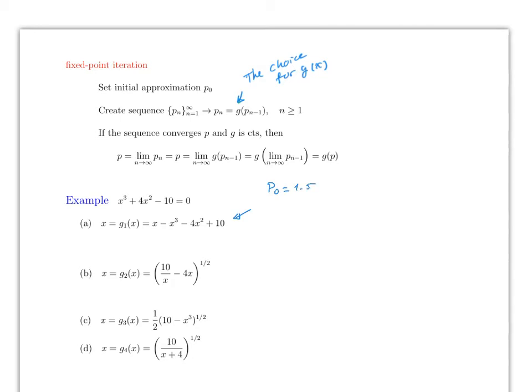1.5. So therefore, for P1, it's going to be g of P0 for this case. So for this particular case, this will be equal to 1 minus 1.5 cubed minus 4 times 1.5 squared plus 10. And you should check that this is equal to -0.875.